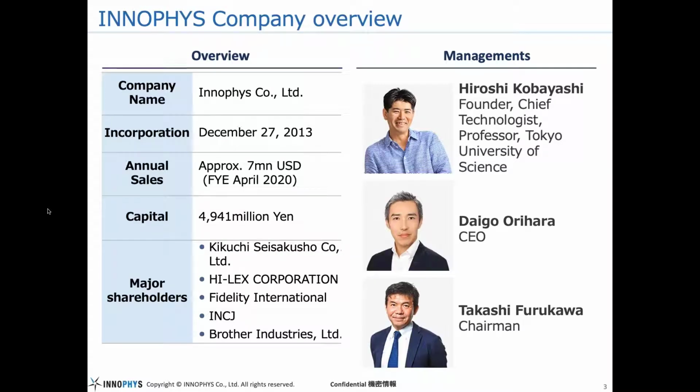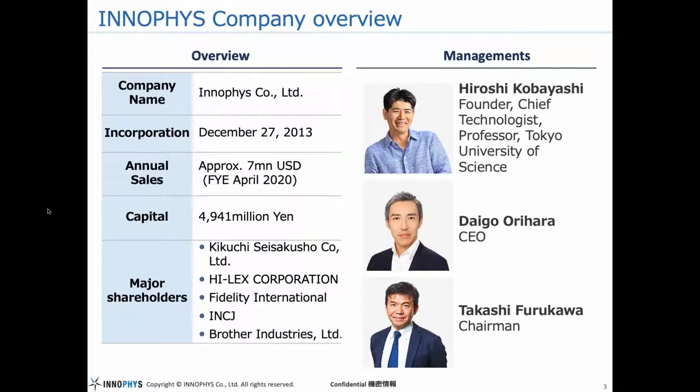Innophys originally came from the research of a professor of Tokyo University of Science. We came out from the technology from the professor, and the company was incorporated in 2013, which is 7 years ago from now.